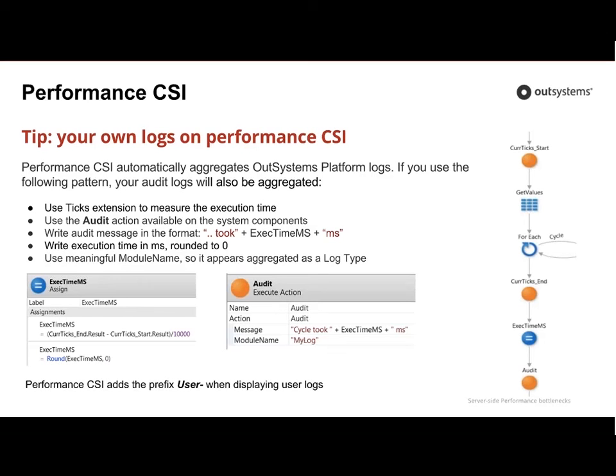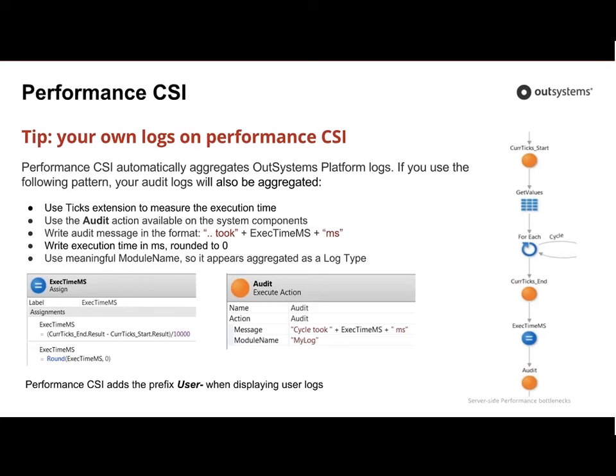You say what we want to collect. You can say cycle. Then you need to add the message took, and you need to add the executed time in milliseconds. And by using this technique, what you are going to get is the information also available through the Performance CSI.